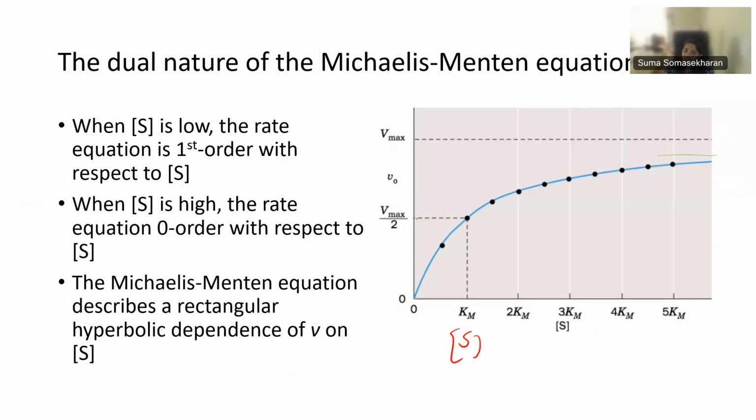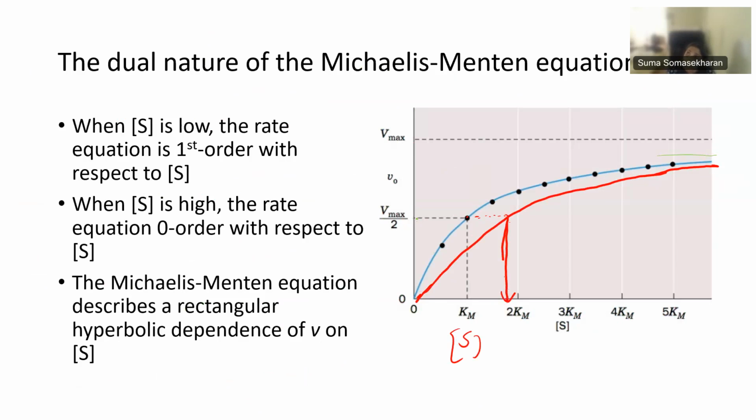So if you take another reaction which has, let's say, a graph that looks like this, then what you see is that the substrate concentration needed to reach half maximal velocity is much greater, and so the Km value is higher.